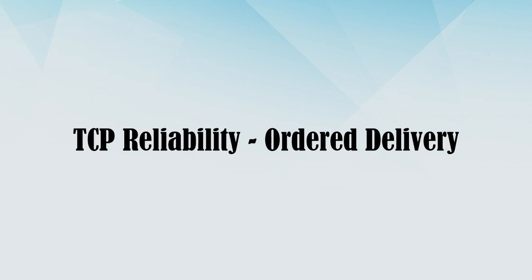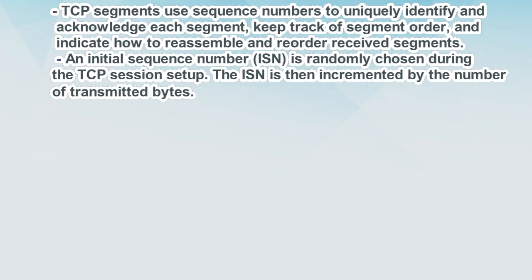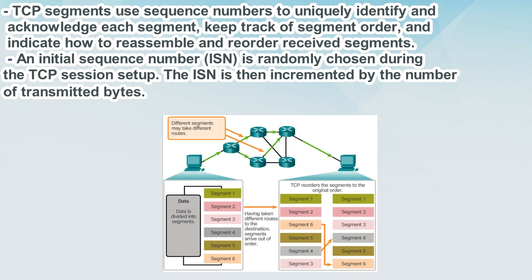TCP reliability, ordered delivery. TCP segments use sequence numbers to uniquely identify and acknowledge each segment, keep track of segment order, and indicate how to reassemble and reorder received segments. An initial sequence number, ISN, is randomly chosen during the TCP session setup.